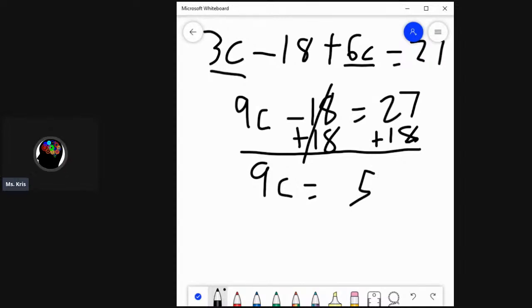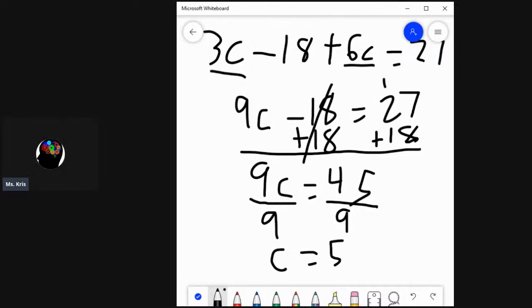I bring down my 5, carry my 1. Then 1 plus 2 is 3, plus 1 is 4. So your answer, 27 plus 18, is 45. Once you add those together, then you will divide by 9 on both sides. And of course, c will equal 5.